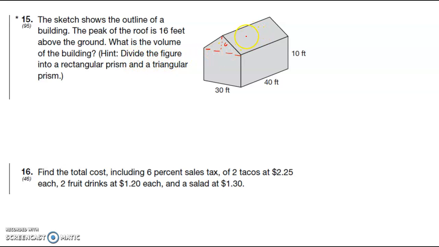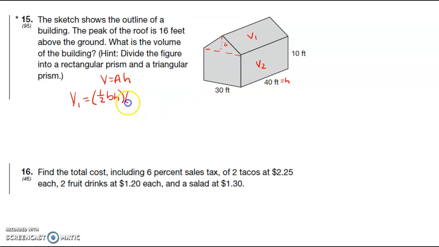So we're going to find the volume of this part and then the volume of this part, and add them up. Remember that volume is equal to the area of the base times the height. So volume 1 is equal to the area of a triangle times the height, which here is 40 feet.